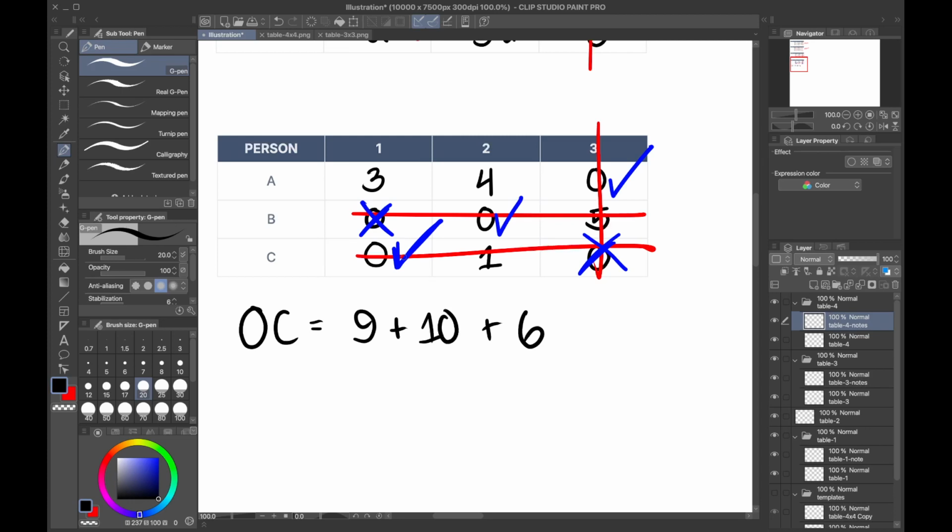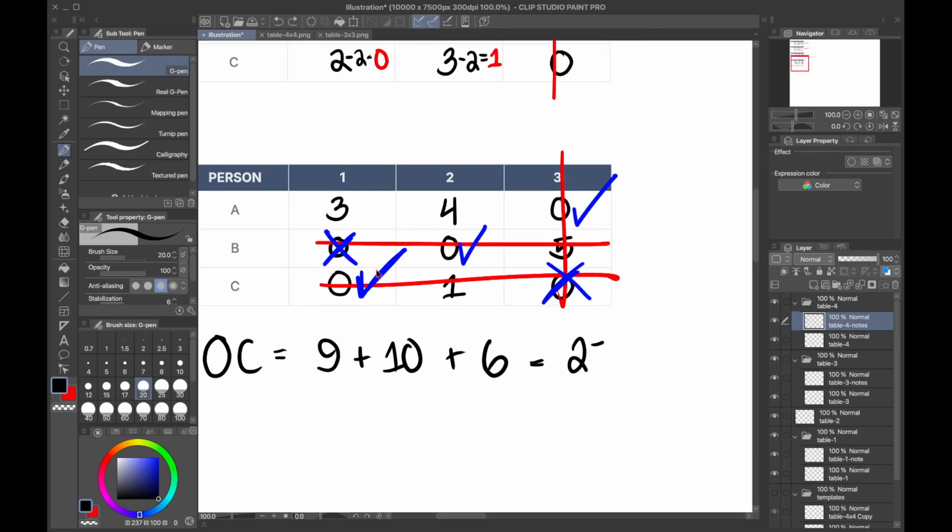Then if we do the math, but you know what? I'm too lazy. So that's 25. So the optimal cost will be 25 for that assignment. However, we can actually try to see what if.